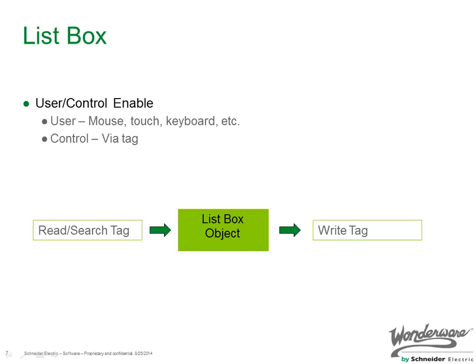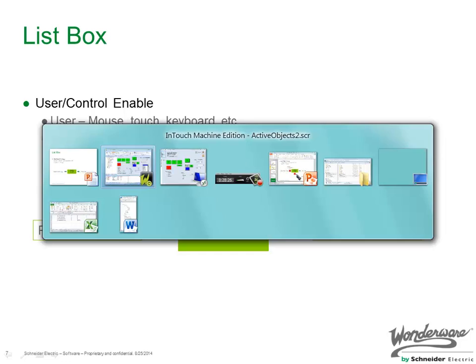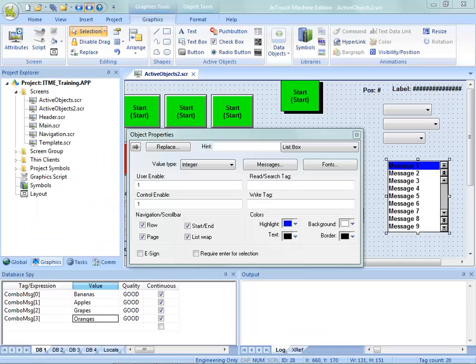So the read search tag, or via the value of the message, can drive that and then show that line item there. Or the user can choose that line item, and so it's either controlled or by user. Now we also have, so I'll go ahead and show that first.